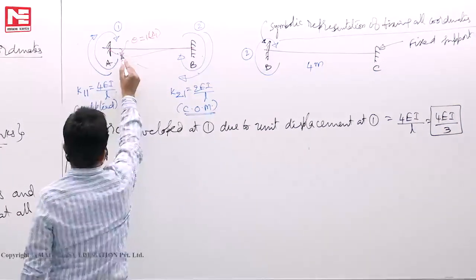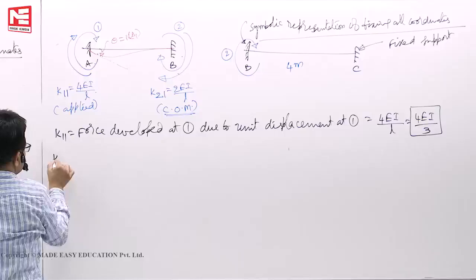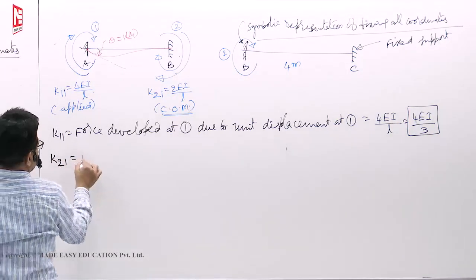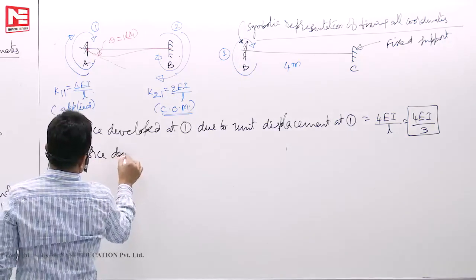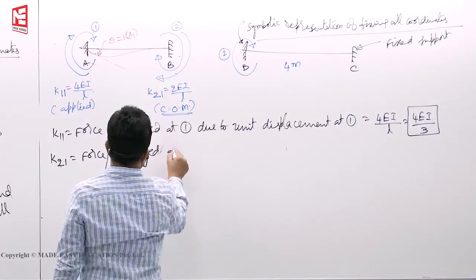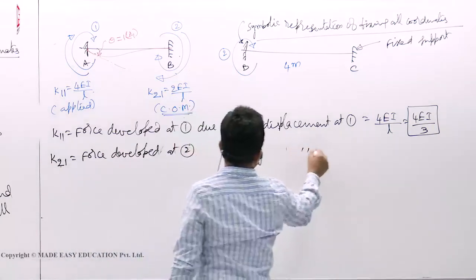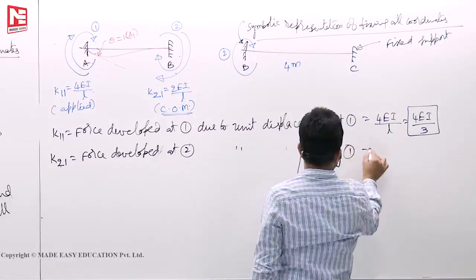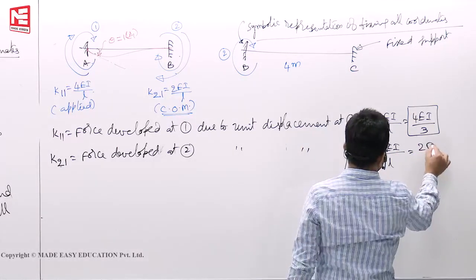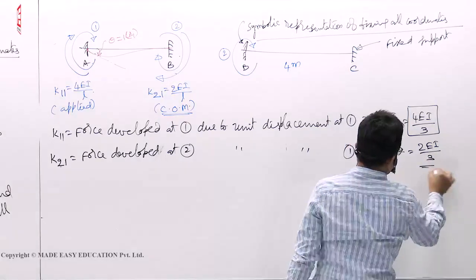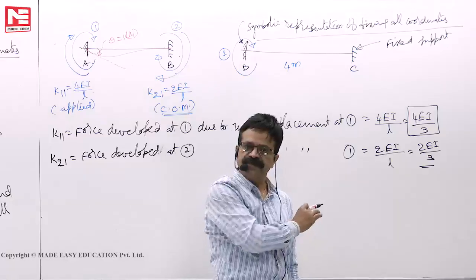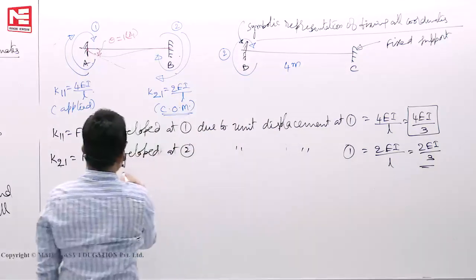Because of this unit displacement, force is developed here also. Force developed at 2 because of the unit displacement at 1 is 2 EI by L, from the carry over moment concept. That means we should know the carry over moment concept, otherwise we cannot do stiffness matrix methods of analysis of beams. So this is your first column.